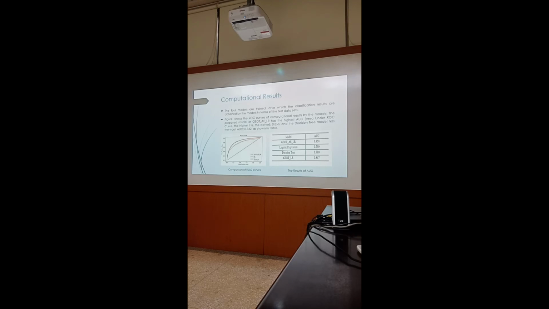The proposed model GBDT, AELR has the highest AUC, and the decision tree model has the worst AUC, 0.732, as shown in the table. So the highest AUC is GBT, AER, the proposed model, which I think is the best.